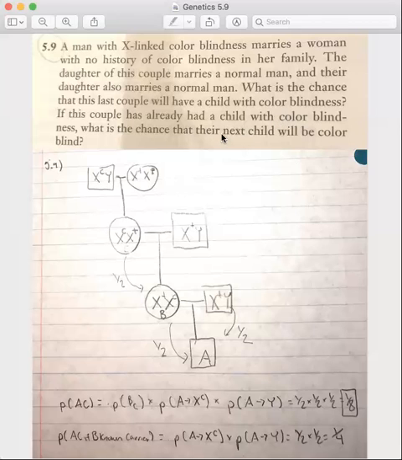That's the first question. The second one: if this couple has already had a child with color blindness, what is the chance that their next child will be colorblind? So all this does is say we know this event's happened, that the mother is a carrier because she's already had a child that is colorblind.